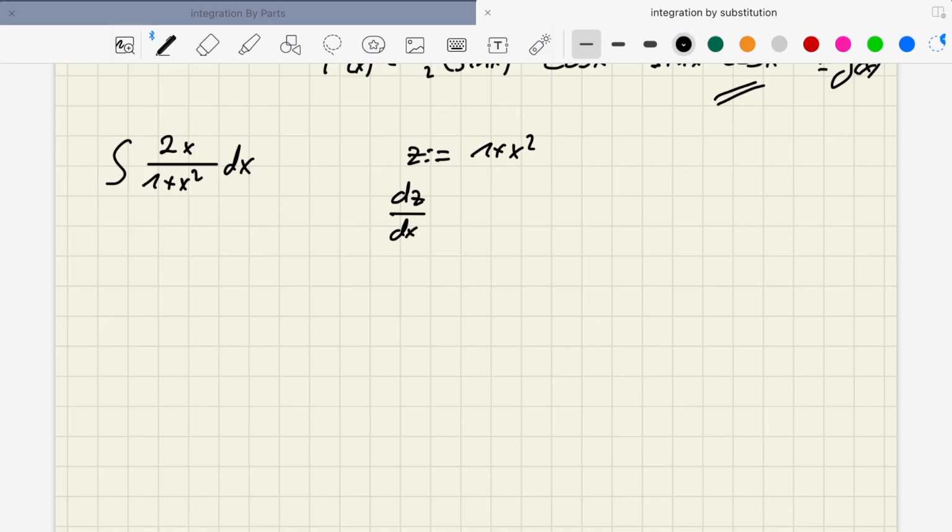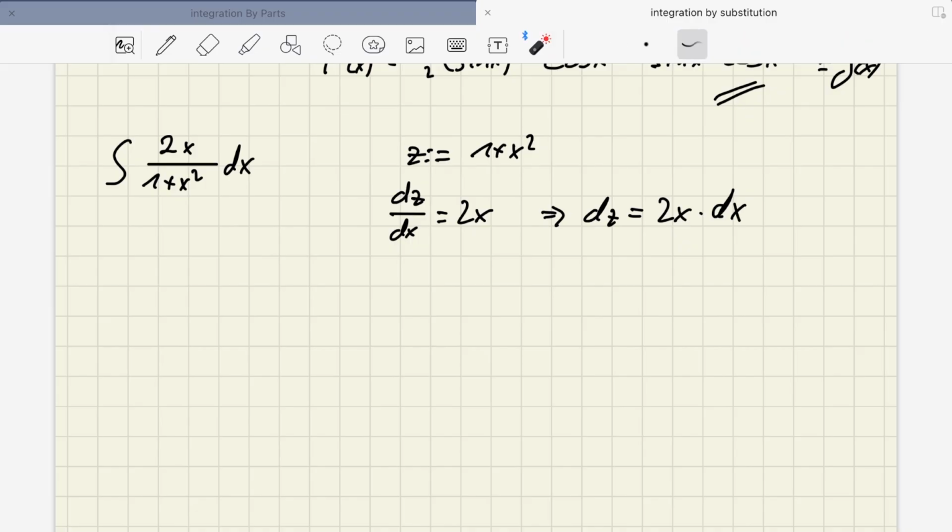dz dx is equal to 2x, and dz is equal to 2x multiplied by dx. And you see 2x dx appears in our integrand.